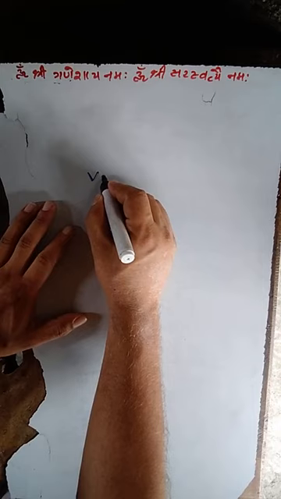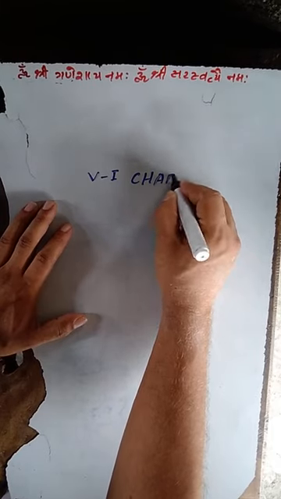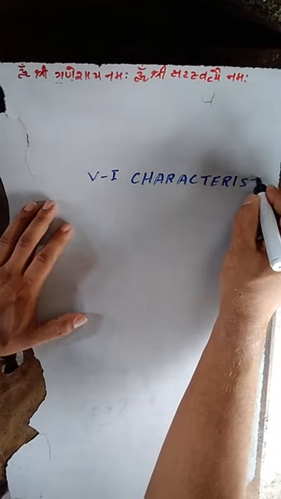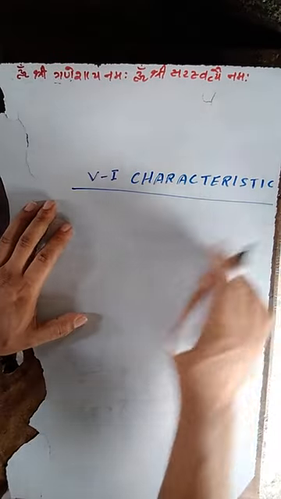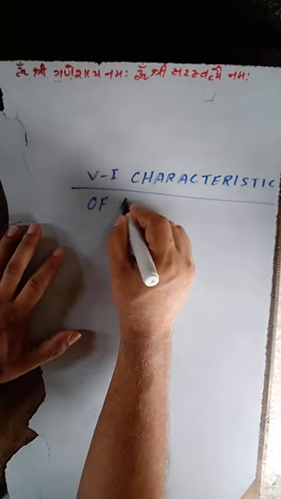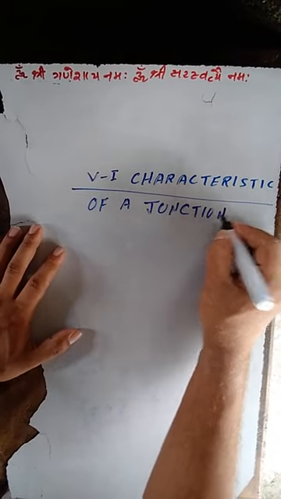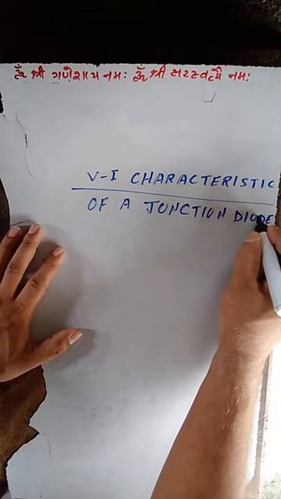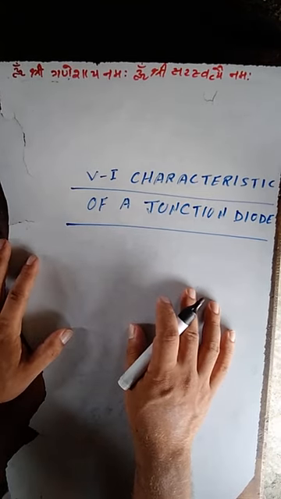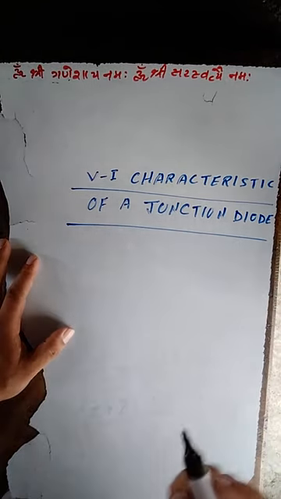VI characteristic of a junction diode. We have already learned about the junction diode and its functions, how it works.